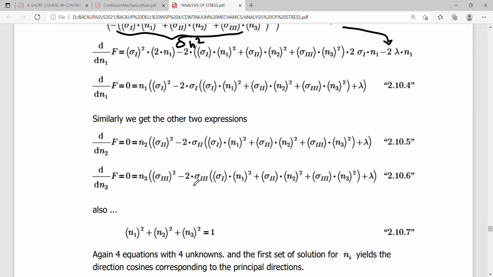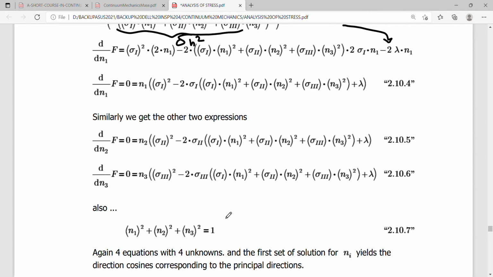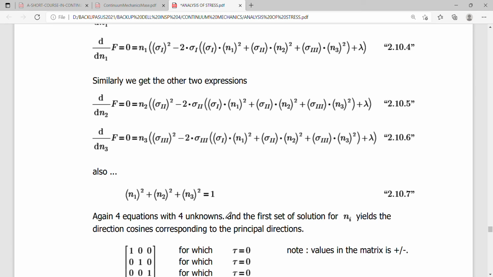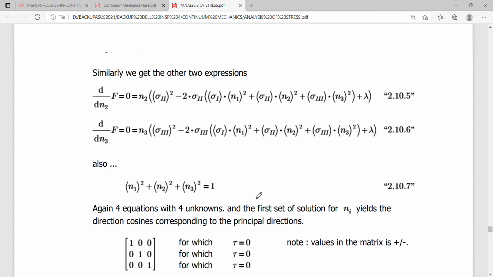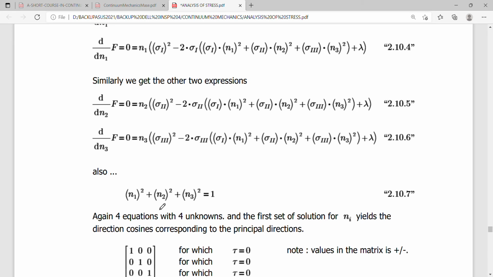So considering now the fourth equation, which is the orthogonality equation on the basis of this n1 squared plus n2 squared plus n3 squared equation, we now make use of a four equation, four unknowns, a four equation with three unknowns in n.